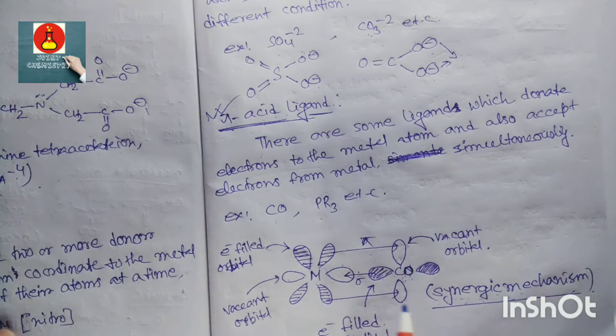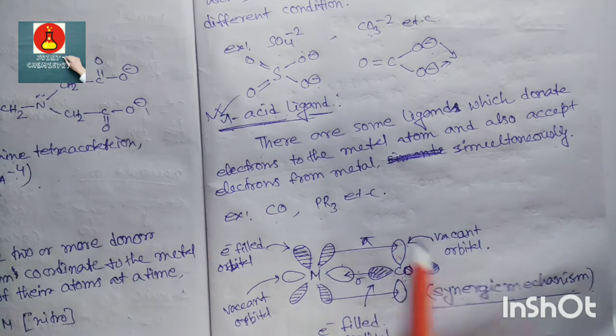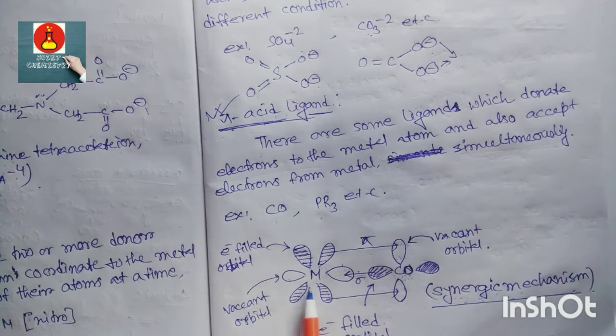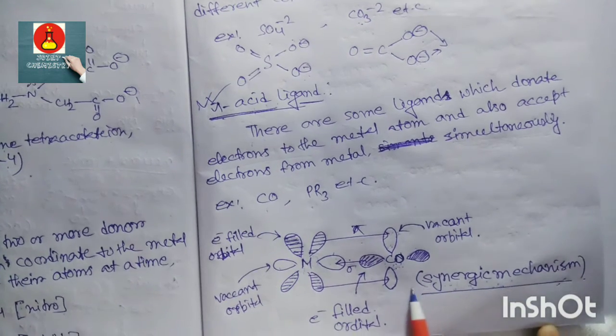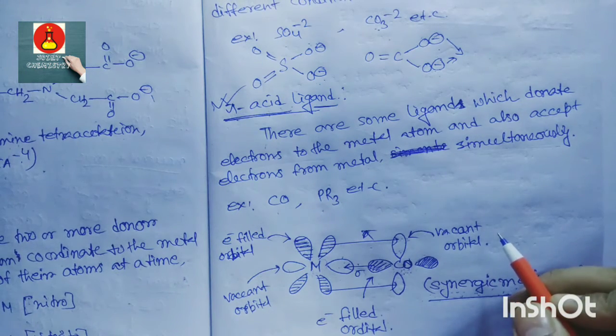So when it donates electrons, at the same time it accepts electrons from the metal atom. This is how it binds to the metal atom, and this whole mechanism is known as the synergic mechanism. So these are all the classifications of ligands with some examples and their names.